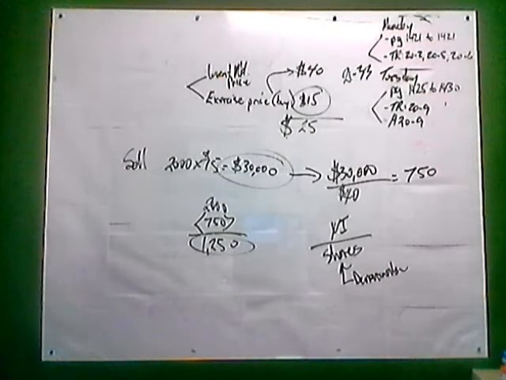Now we also have things like convertible bonds. So let's look at an example of convertible bonds. I've got to find one here. So convertible bonds would be a dilutive senior security.